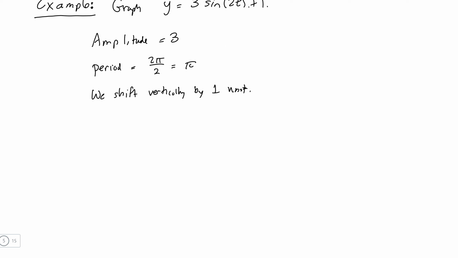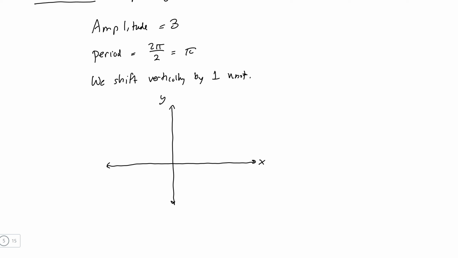When I'm graphing these things, I'm not going to label my axes immediately, at least not the x-axis, because it'll be a little bit easier to label the x-axis later. If the amplitude is 3 and we've shifted up by 1 unit, let's draw our shift up here. Put a dotted line where we've shifted it up to, at 1 now.